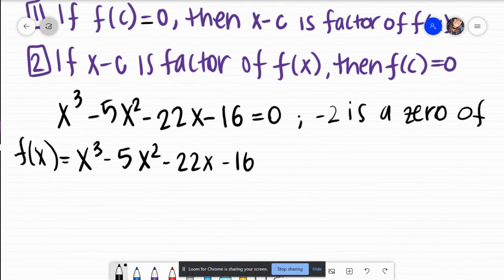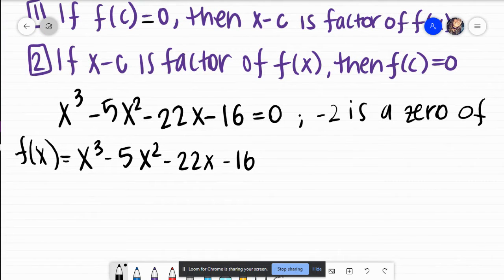So it gives me x cubed minus 5x squared minus 22x minus 16 equals 0. And it tells me to solve this equation given that negative 2 is a 0 of f of x, and then you write that polynomial again. So our actual function that we're looking at is f of x in that polynomial.